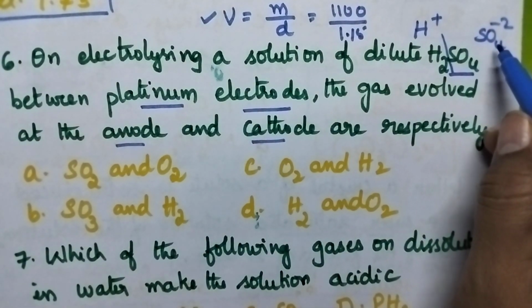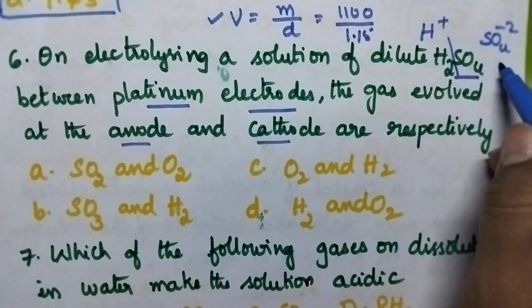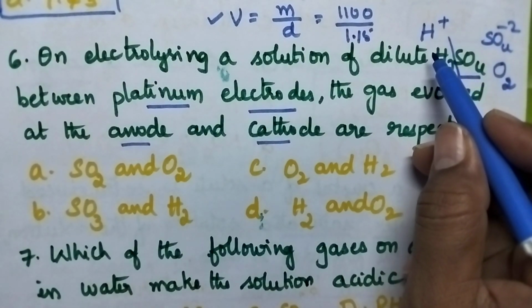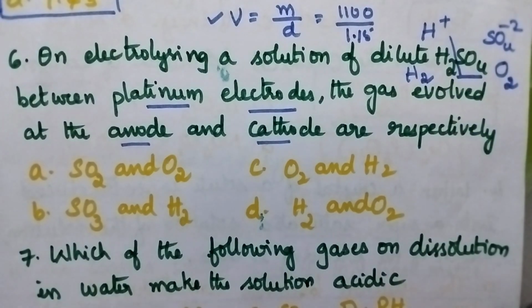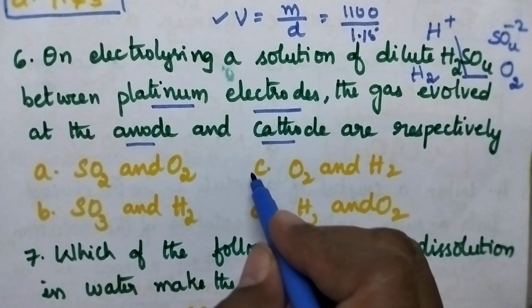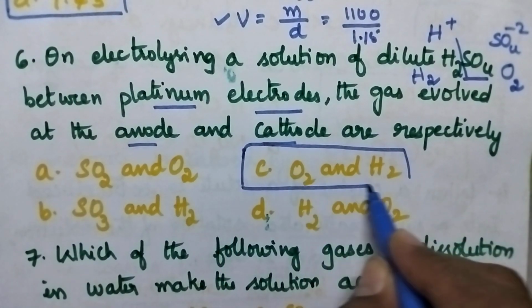If the anion contains oxygen as one of the atoms, oxygen gas will be released at the anode, and because of the H plus ions, H2 gas will always be released at the cathode. So at the anode oxygen gas and at the cathode hydrogen gas will be released. So option C is the right answer.